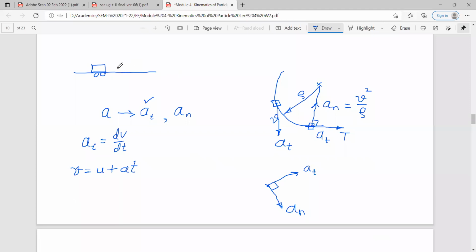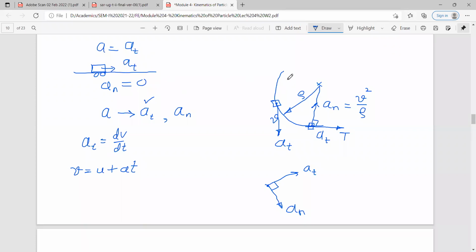In that case the normal component is 0. Only what remains in that case? Only tangential component remains there. That is, when a particle moves along a linear path, its total acceleration is just the tangential component and normal acceleration is 0.